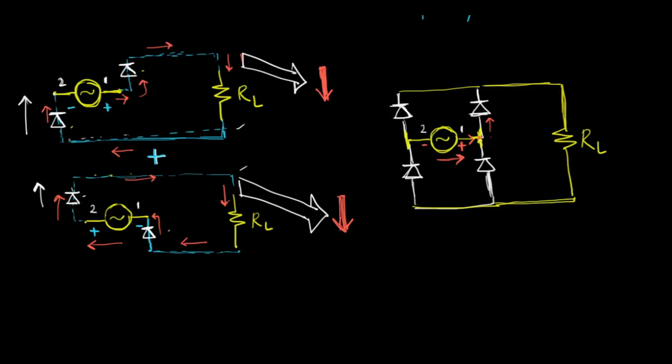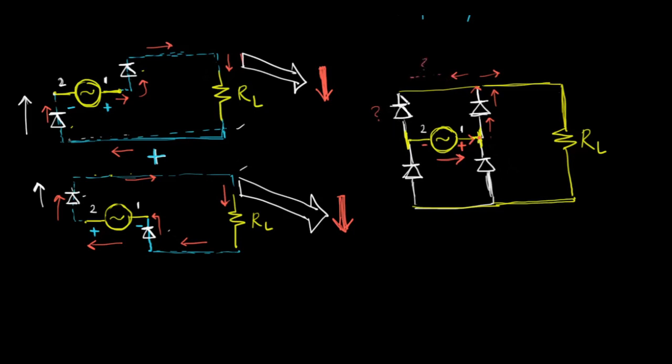If the upper diode conducts, then the current comes here. Now at this junction, the current again has two routes to go. The current either can go in this direction or in this direction. Now, will this diode allow this current to flow?